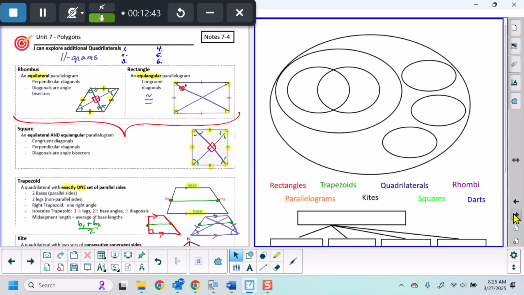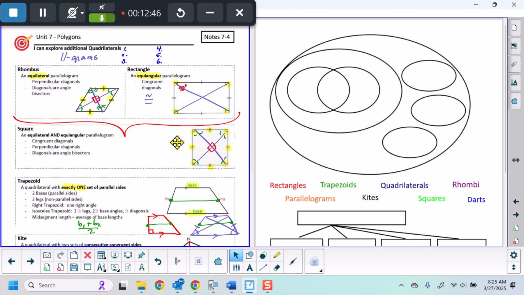In our next conversations, what I want to make sure you understand, and I don't think with your class we included this conversation about parallelograms at the top of the page, did we? Every single thing about parallelograms is true for rhombuses and rectangles. Everything that's true for rhombuses and rectangles is true for squares. So this whole trickle down is what is involved in this circle here.